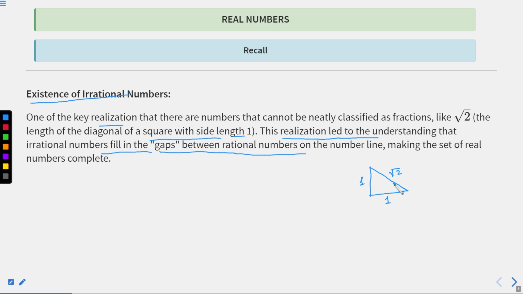So you have studied how to represent rational and irrational numbers on the number line.